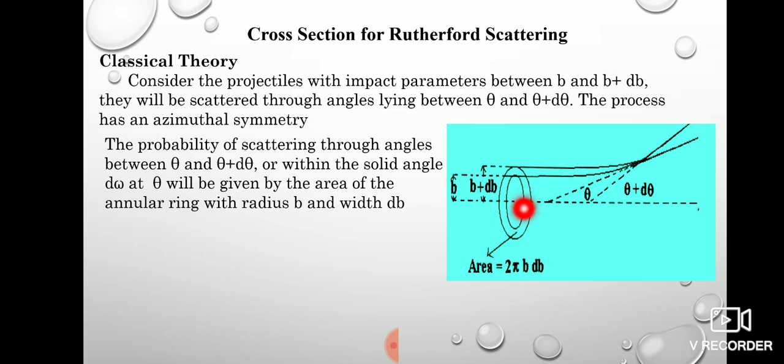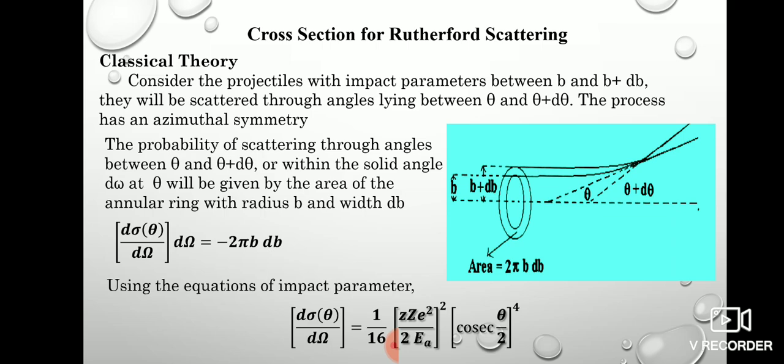This annular ring has an average radius b and thickness db. So that area can be calculated as the cross section, which will be minus 2 pi b db.